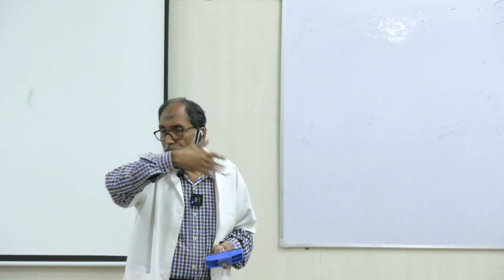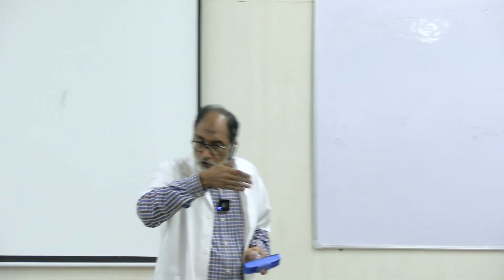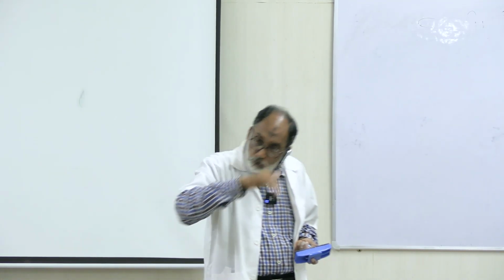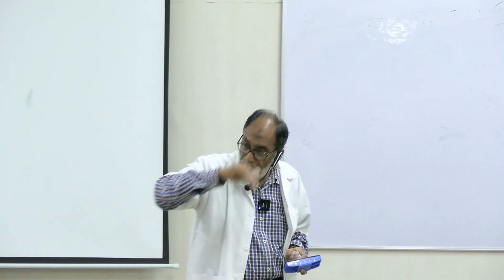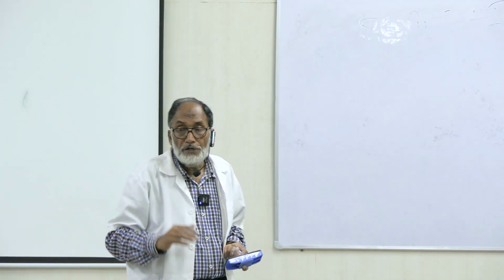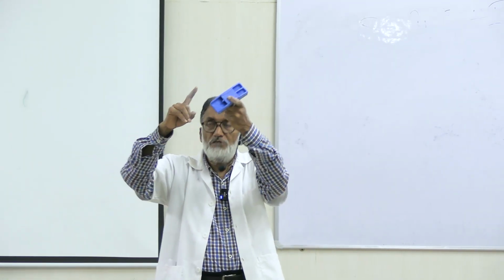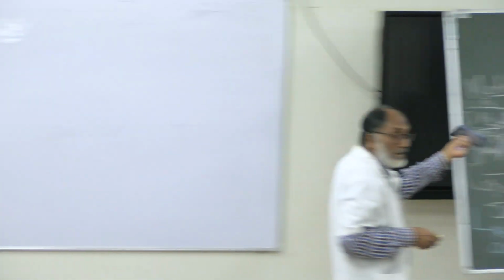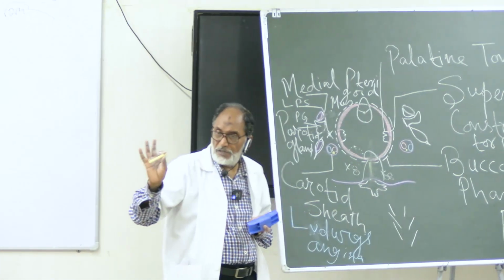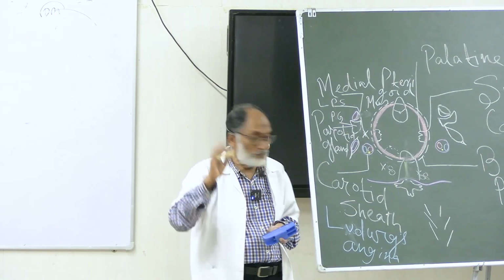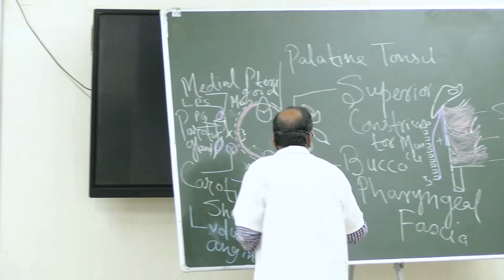Anterolaterally the medial pterygoid, posterolaterally the parotid gland, and posteriorly, right at the back, lies the carotid sheath. It is a wedge shaped space. Wedge means like this. The lateral pharyngeal space or parapharyngeal space is a wedge shaped space.